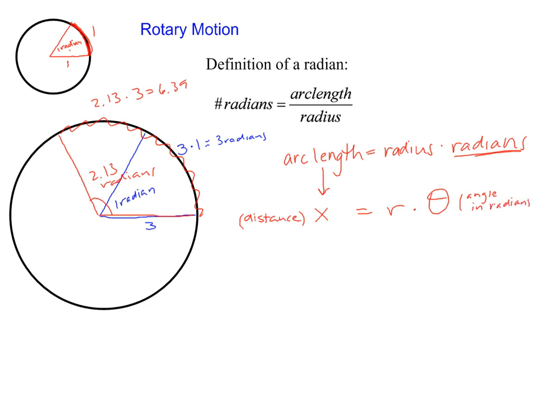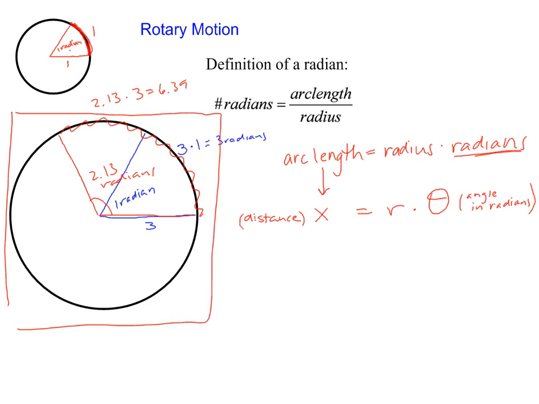Okay, so hopefully you're starting to see how this could potentially be helpful if I'm thinking about something that is spinning. So now let's look at this circle with radius 3 and think about it as a wheel. Let's say that I want to move this wheel forward 3 feet, and let's say that the radius of the circle is 3 feet.